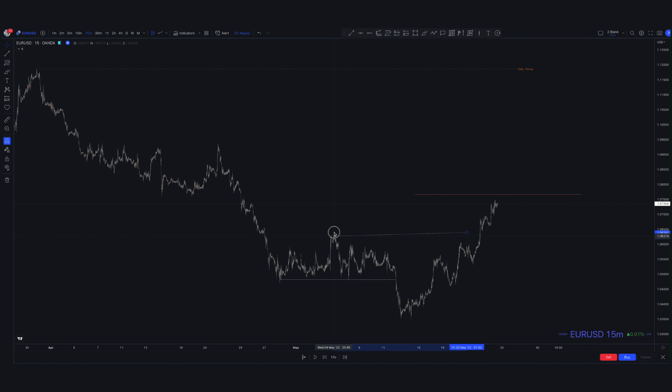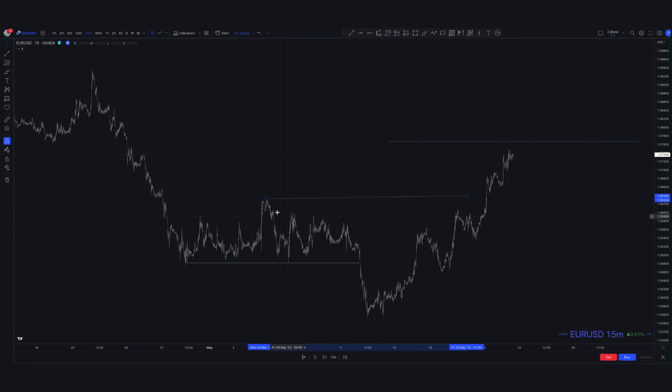What's happening? It doesn't want to glue to the top one there. Oh, there you go. Okay, guys, so actually it should be this one. Okay, so push, pull back, push. Okay, boom. Price pushed up.